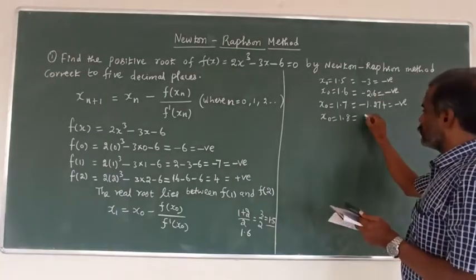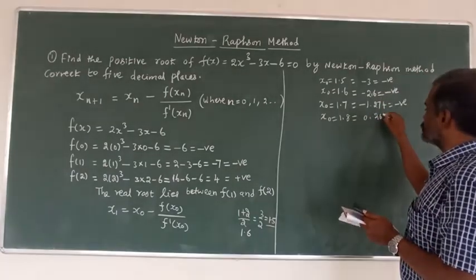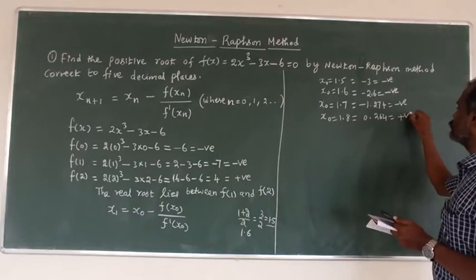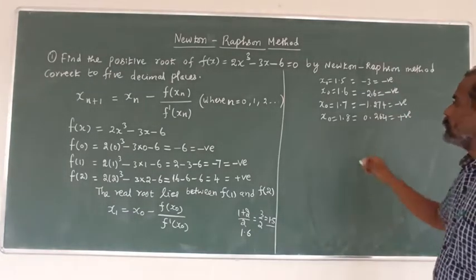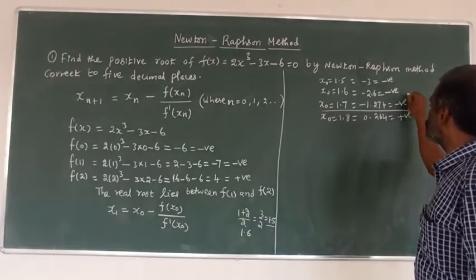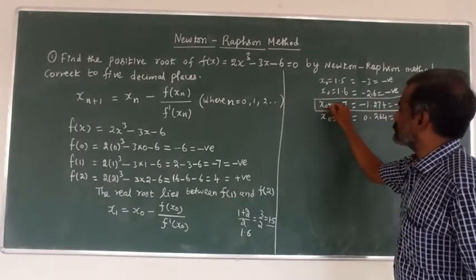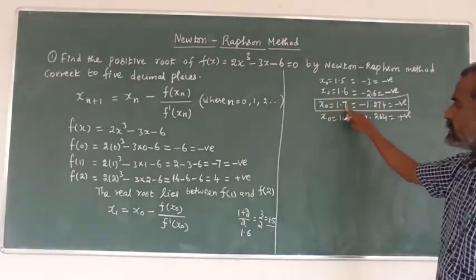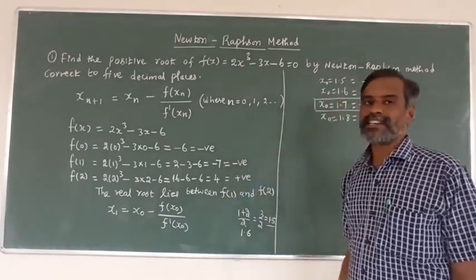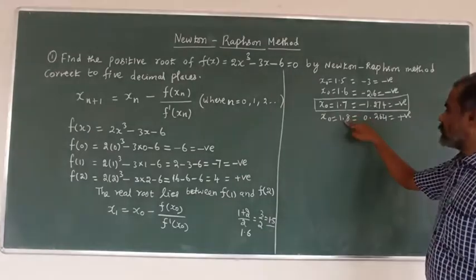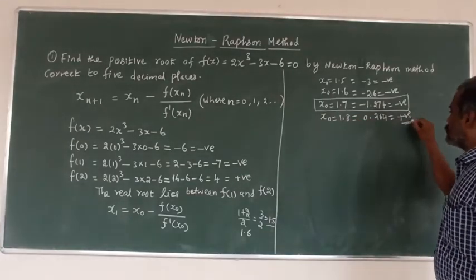Now we get 0.264. This is positive. So x naught value 1.7 is very close to the positive result, and at 1.8 we get the positive.